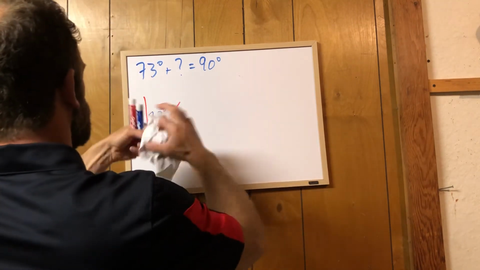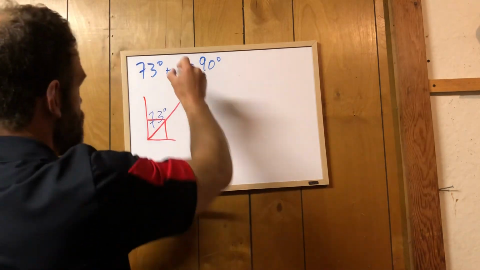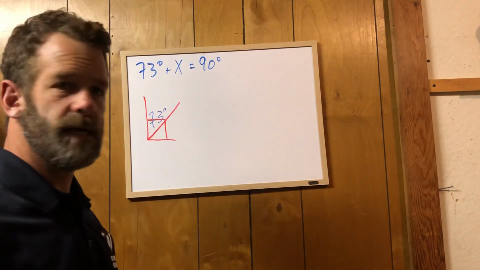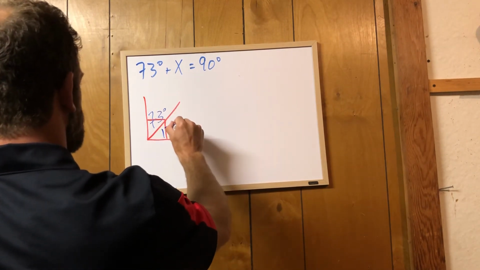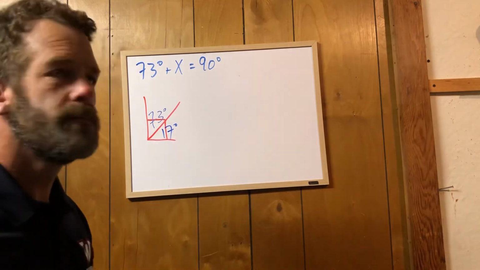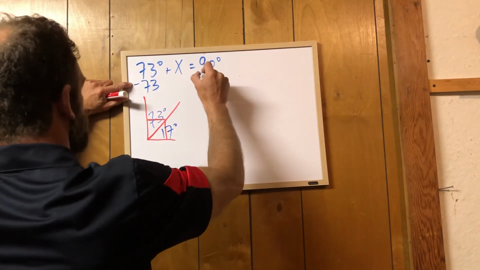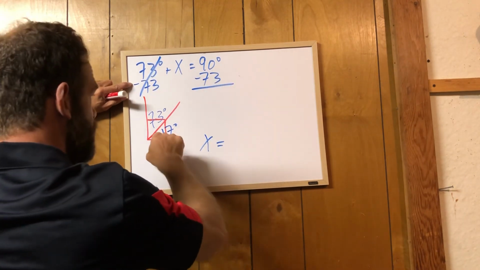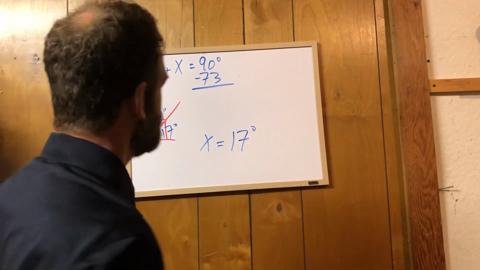We can call this the missing angle, or better, we could call it x. Subtract 73 degrees from both sides, and this is going to be 17 degrees. How did I get that? Basic algebra, minus 73 to get x, which is what this angle was, equals 17 degrees.